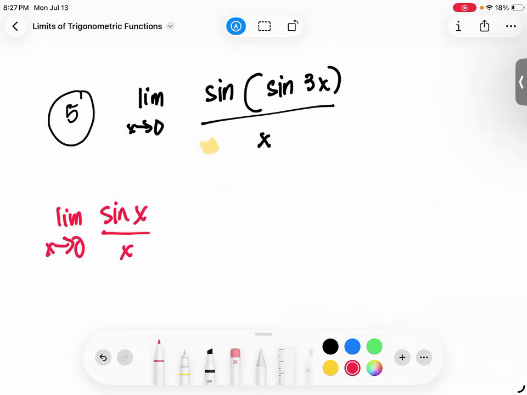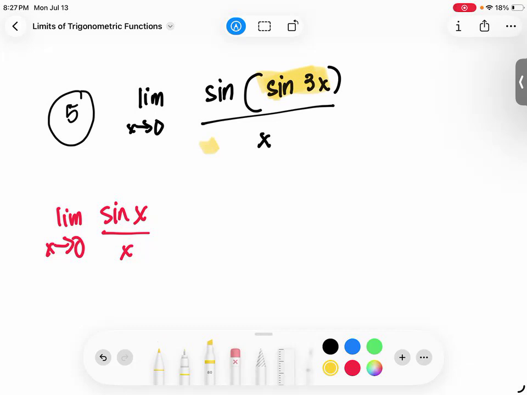Let's see if this argument, 3x, approaches 0. So sine of 3x is sine of 0, which is equal to 0. So this satisfies the requirement for the identity.